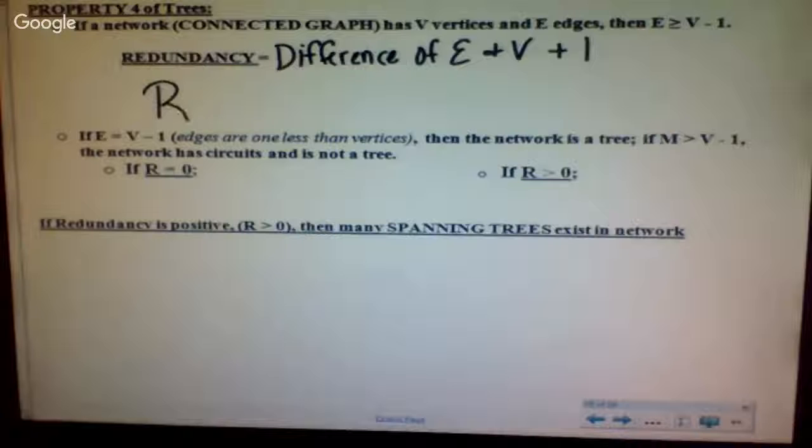So in mathematical terms, R equals E minus V plus 1. So it's basically the same thing as you started on. When we get into tomorrow's stuff, this will make a little bit more sense.